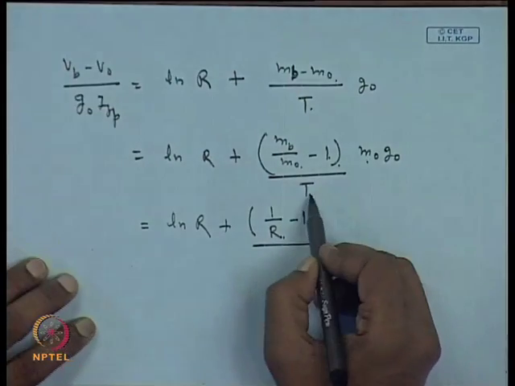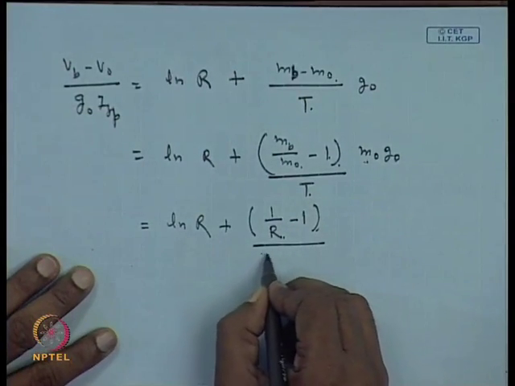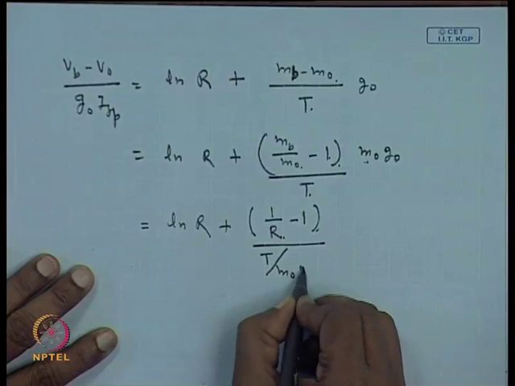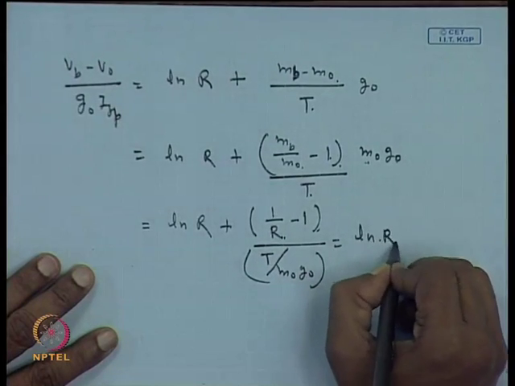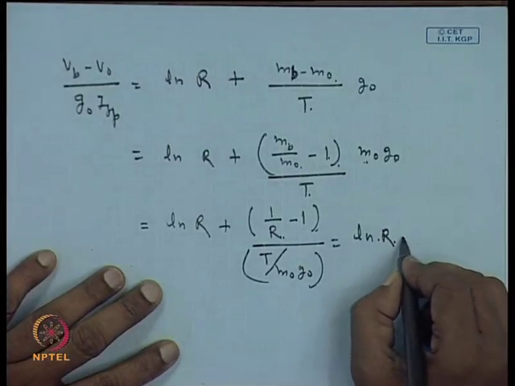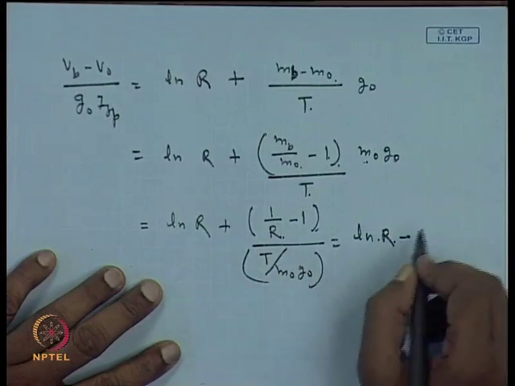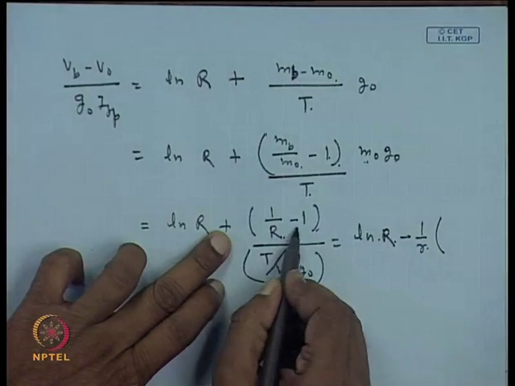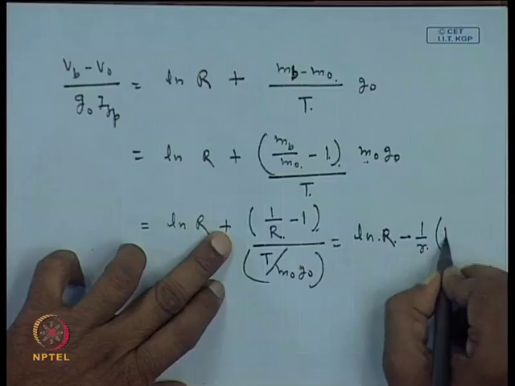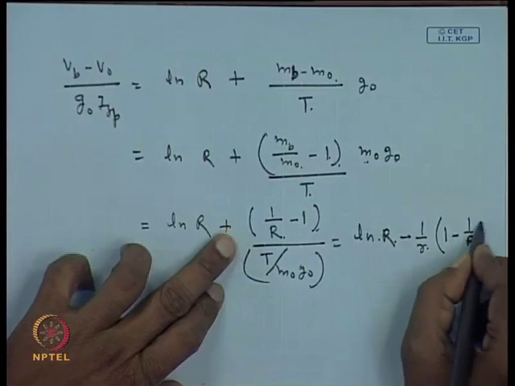So, here we can write it as T by m0 G0, and in the next step we can reduce this as ln r minus this quantity, which is nothing but r. Okay. So, this becomes minus 1 by r, and here we are changing the sign because this quantity is less than 1 by r. So, we will put it in this way.